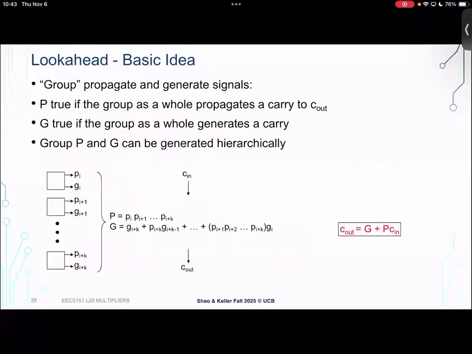So let's try to be a little more clever and come up with this idea of the group propagate and generate signals, right? We already looked at group propagate from the carry bypass adder. The propagate is true for a group of bits if the group as a whole propagates the carry to C out, so it's just the AND of all of the bitwise propagate signals.